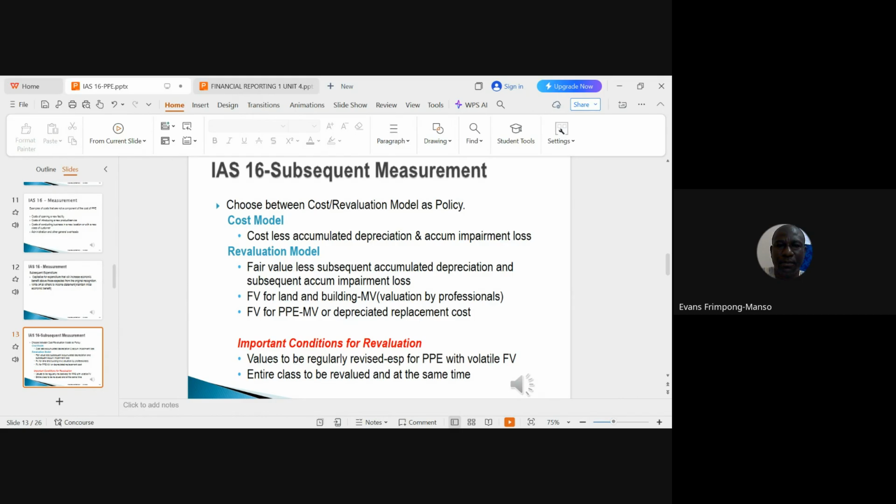But if you decide to subsequently measure the PP&E using the revaluation model or the fair value model, you cannot revert to the cost model. No. So when you decide to use the revaluation model, you cannot revert to using the cost model. But when you use the cost model, you can revert to use the revaluation model. Note that it's very important.